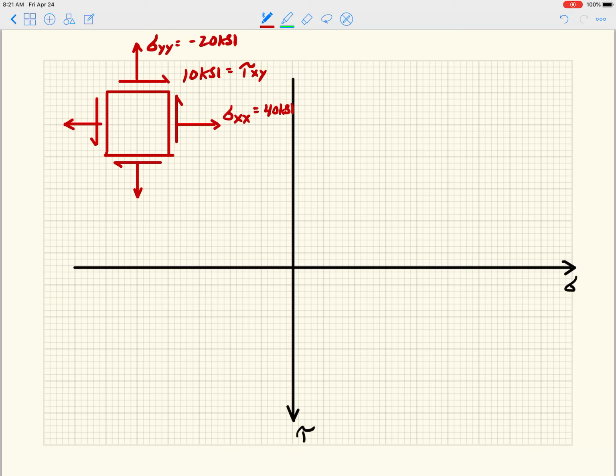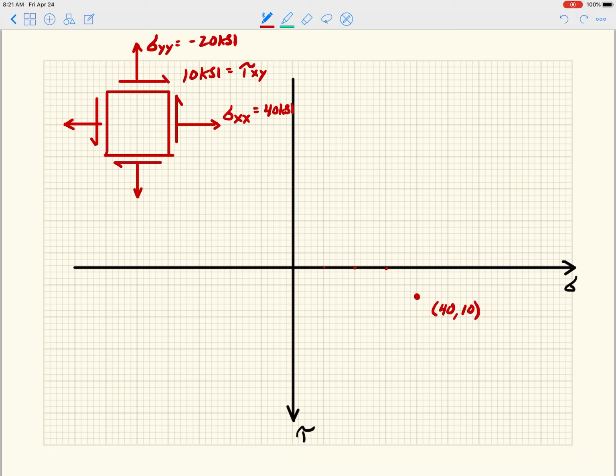So if I'm going to plot this, I can come here and I'm going to plot first sigma xx and tau xy, right? So I come 10, 20, 30, 40, and then I go down 10. So this right here is a positive 40 and a positive 10.